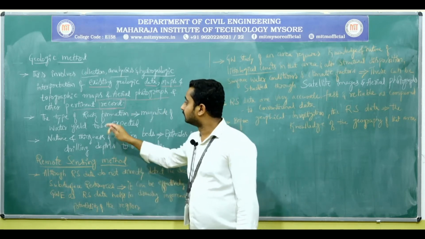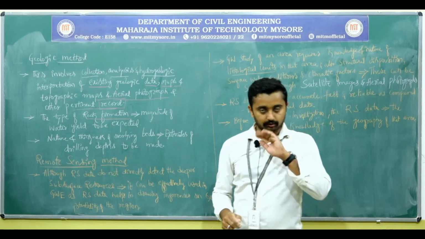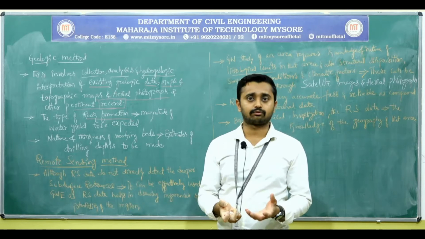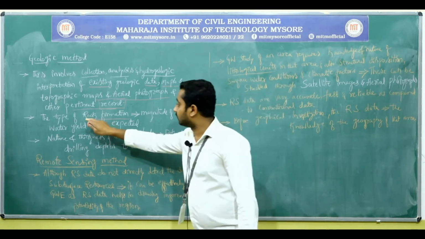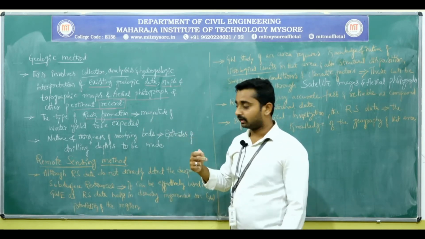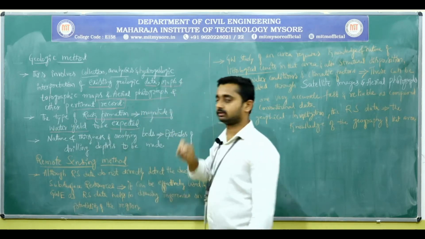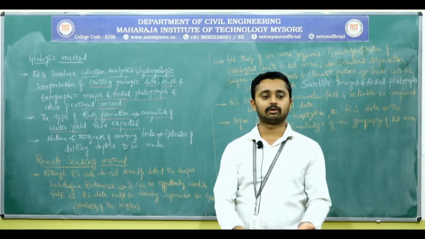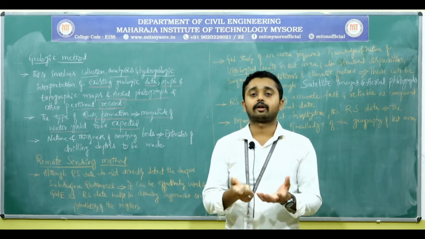Now the second point, the type of rock formation. There are n types of rock formation below the ground. The type of rock formation will give us the magnitude of water yield to be expected. If there is a hard or impervious strata below the ground, then we cannot expect much water, we cannot expect a high yield.